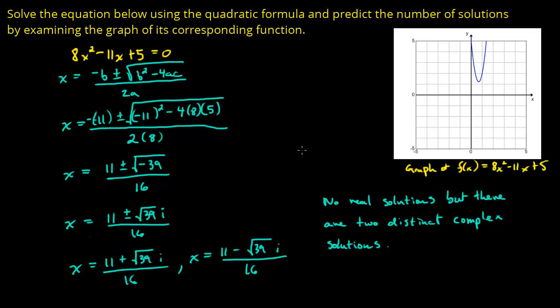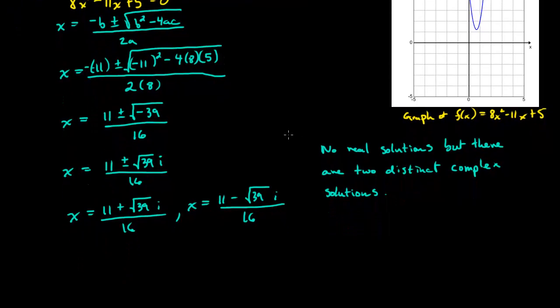Another thing to note here is that let's look at the value of b squared minus 4ac. So b squared minus 4ac was equal to minus 39. And now negative 39 is less than 0. So b squared minus 4ac was strictly less than 0.